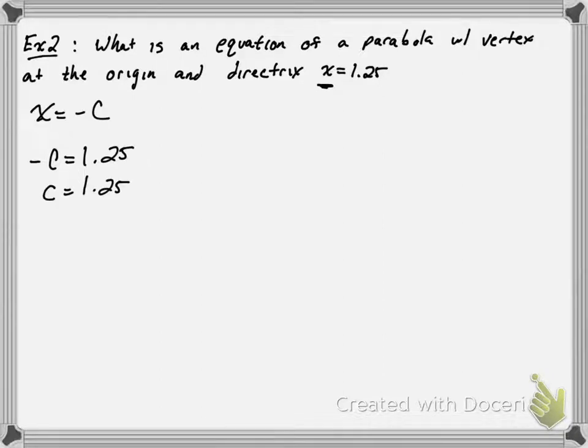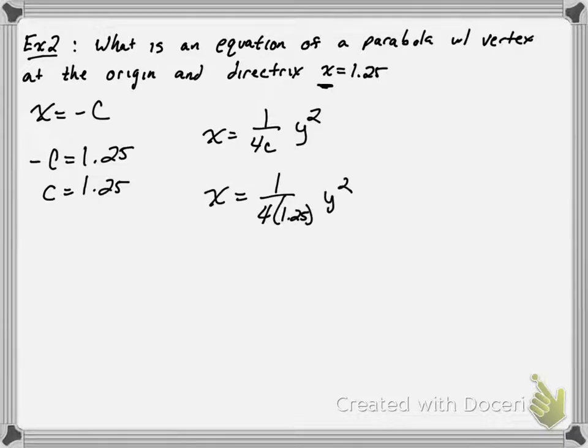So if I'm writing my equation here, remember, it's x equals 1 over 4c times y squared. Again, because the vertex is at the origin, we don't have to translate it anywhere. So let's figure this out. It's x equals 1 over 4 times 1.25 y squared, and calculate our 1.25. It's negative. So it's going to end up giving me negative 1/5 y squared.